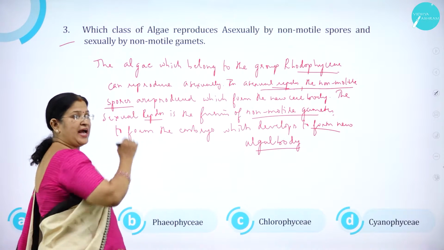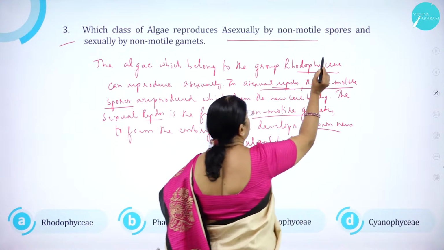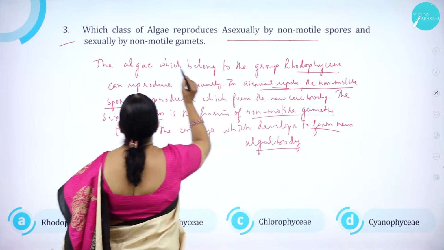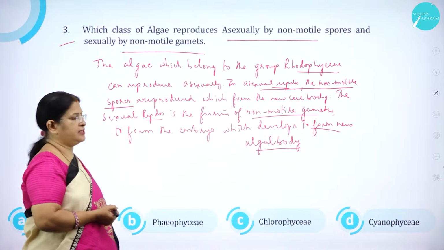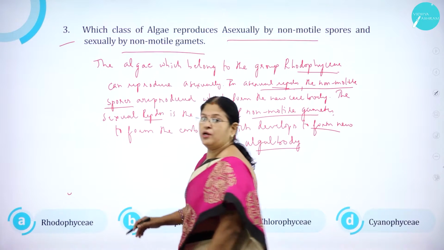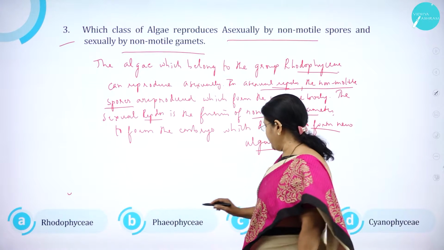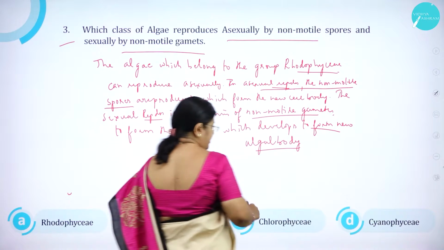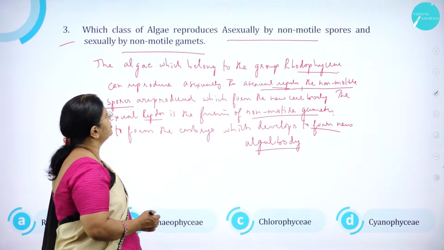Which class of algae reproduces asexually by non-motile spores and sexually by non-motile gametes? The options are option A, Rhodophyceae, B, Phaeophyceae, C, Chlorophyceae, and D, Cyanophyceae.